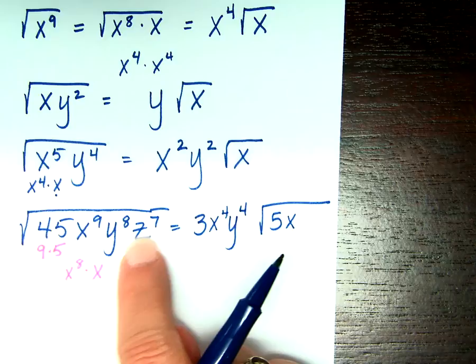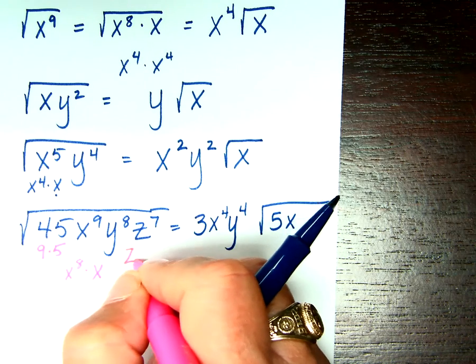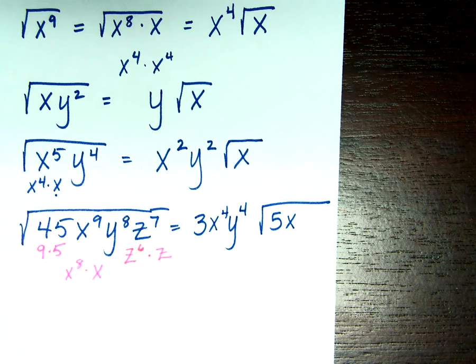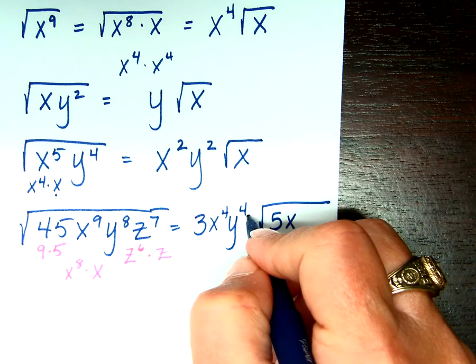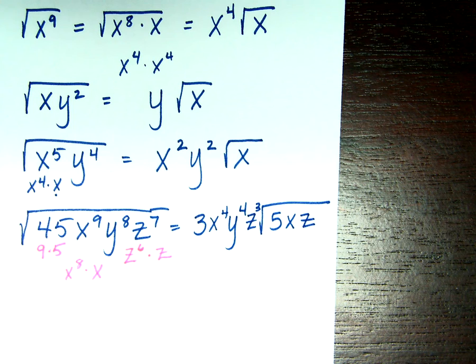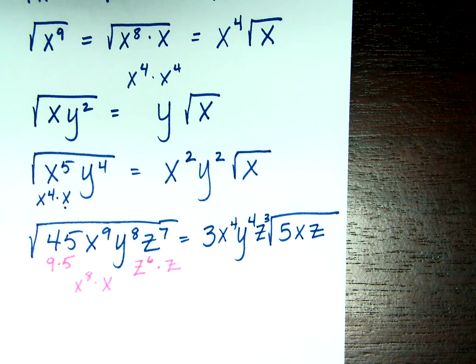And do I know the square root of z to the 7th? No, but I know it's z to the 6th times z. And what's the square root of z to the 6th? Z to the 3rd. And then I have the one more z left inside. Got it? Sure? Okay, that's a little terrifying, but that's okay. We can use it. Okay?